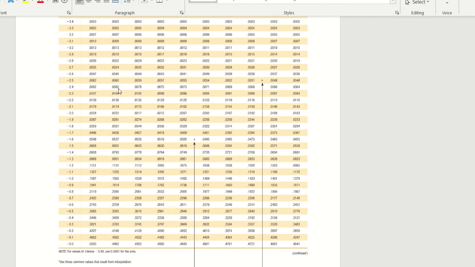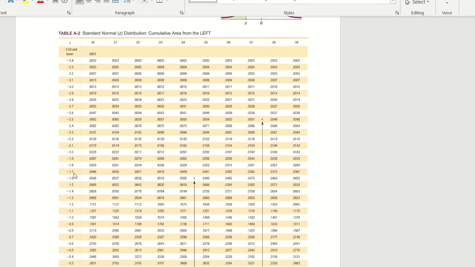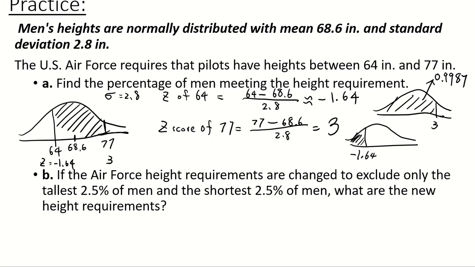So go to the z-score chart, negative 1.64. Okay, let me see, this is 0, 1, 2, 3, 4, right here, 0.0505. So this area is 0.0505.